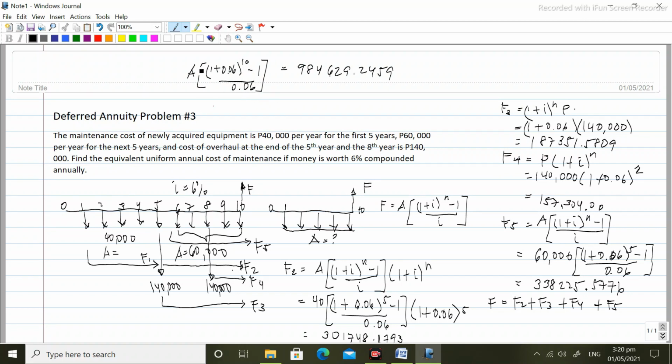So, isa na lang yung magiging variable natin, computin natin tong factor na to, i-divide natin dito. And then, may makukuha tayong equivalent uniform annual cost of maintenance na 74,701.81. Okay, so ayun na po yung sagot, class.